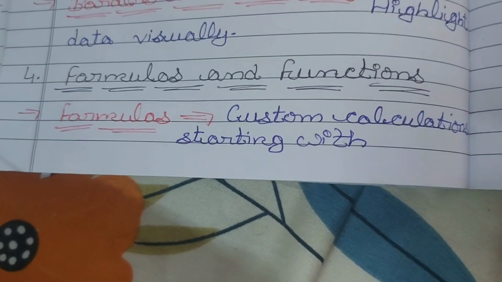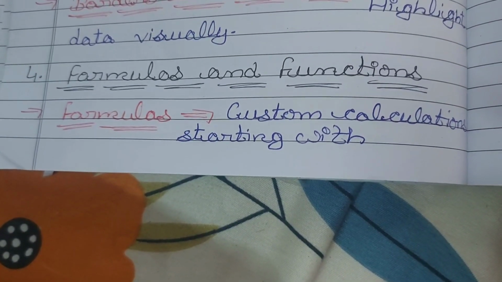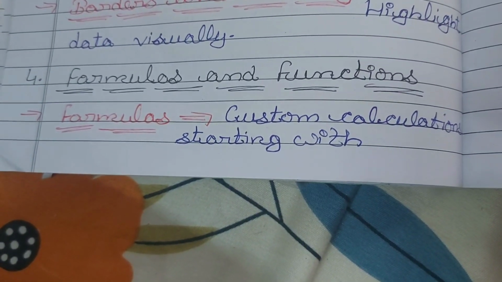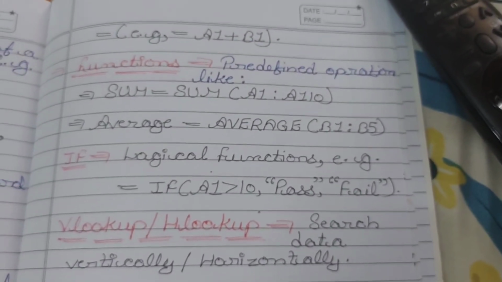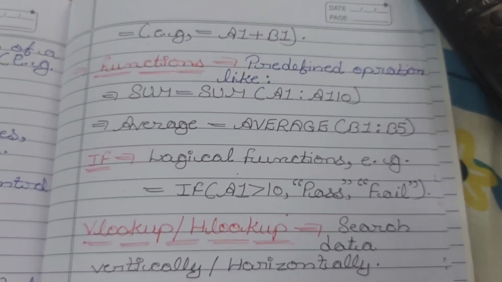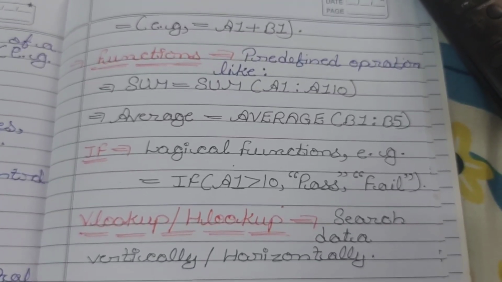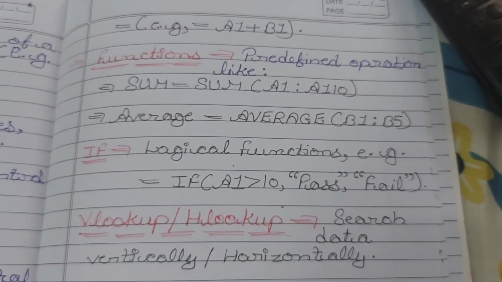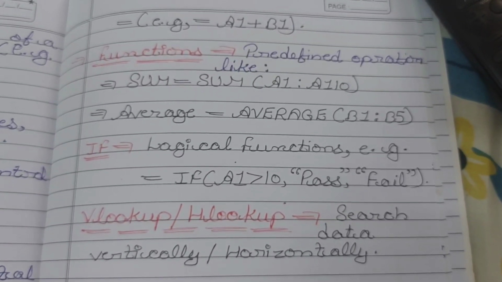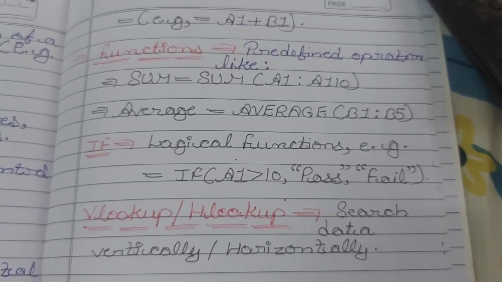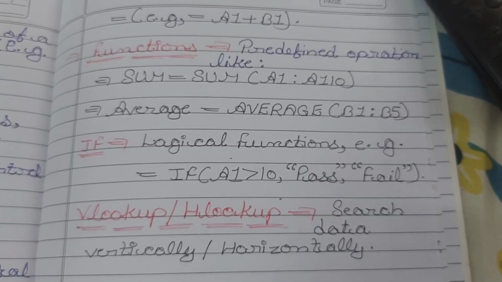Formulas and functions. Formulas, custom calculations starting with equal to, for example, equal to A1 plus B1. Functions, predefined operations like SUM, equals SUM(A1:A10), AVERAGE, equals AVERAGE(B1:B5).